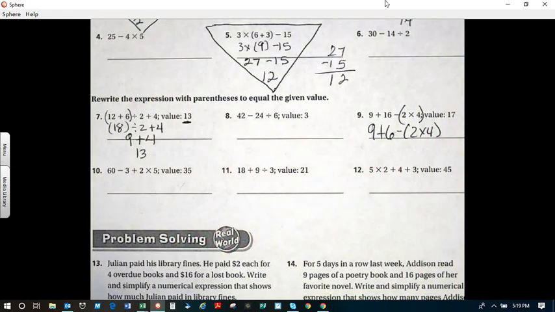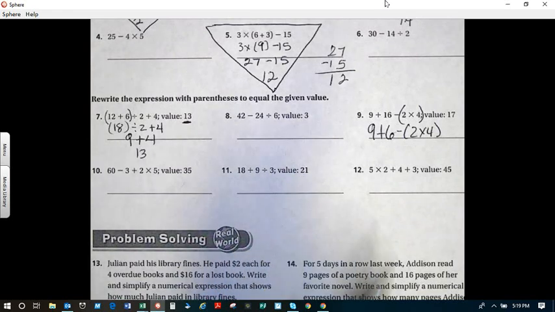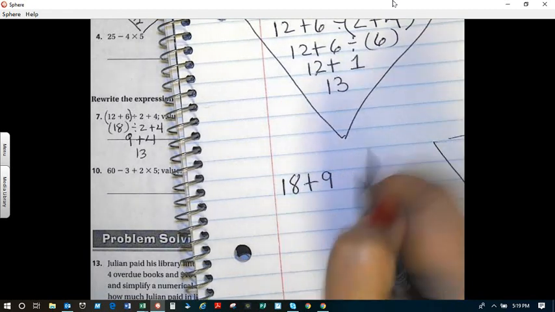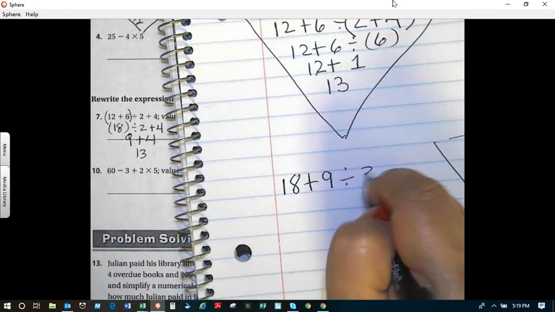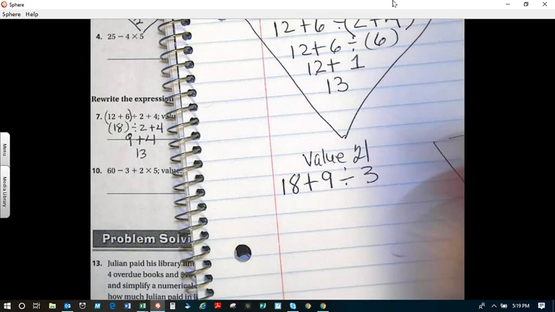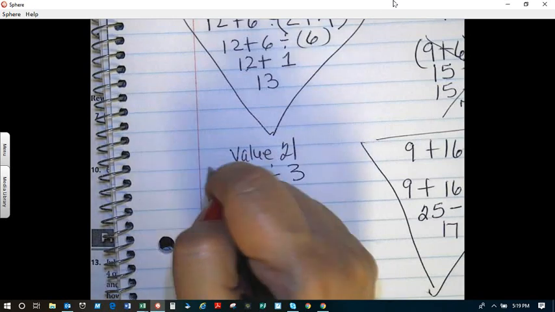All right, let's look at number 11. Number 11 is 18 plus 9 divided by 3, and I'm looking for the value of 21. Okay, and make sure, yes. All right, let's group this first part.